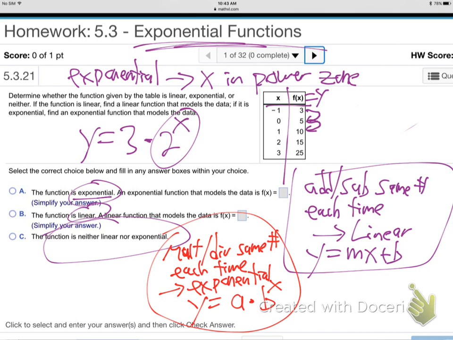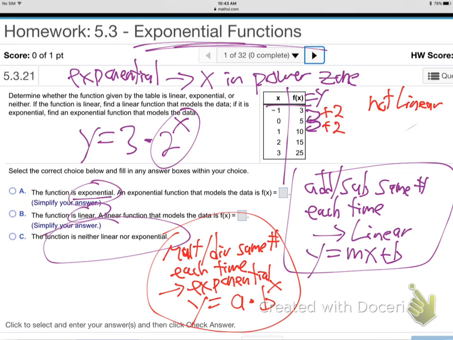So look over here and go, let me see, 3. If you add 2, that's 5. If you add 2 again, no, that's not 10. So it's not adding the same number every time. It's not linear. Linear, you've got to add the same number. That's the slope. Linear, as x goes over, y goes up the same amount every time. That's what a line does. It's called the slope.